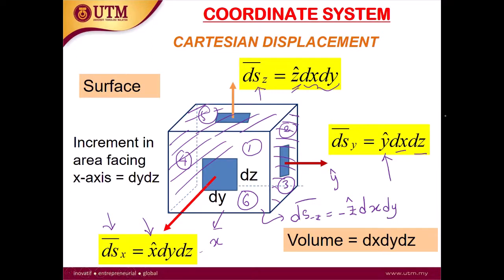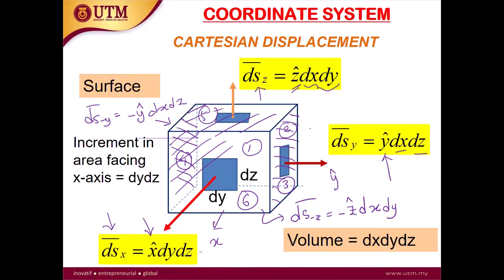Similarly, when we analyze the surface at the left hand side, surface 4 here, it is equal to ds negative y bar, equal to negative y, and the increment is dx dz.